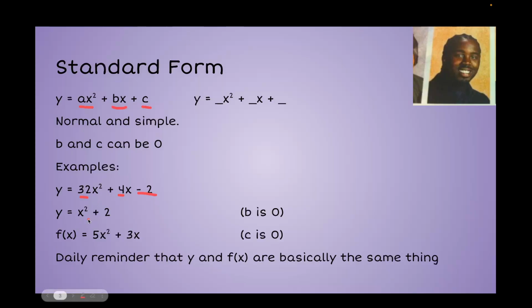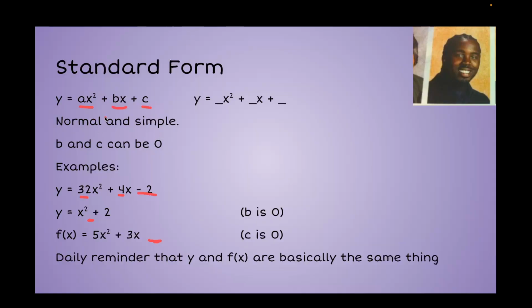You can also have B or C be 0. So here you can be lacking this bx term, which is fine. That's still in standard form, it's still a quadratic. Here you could be missing the C, which is also fine. So B and C can be 0.